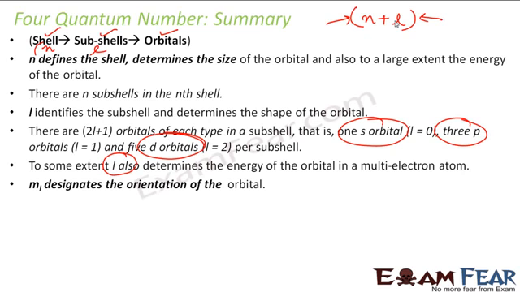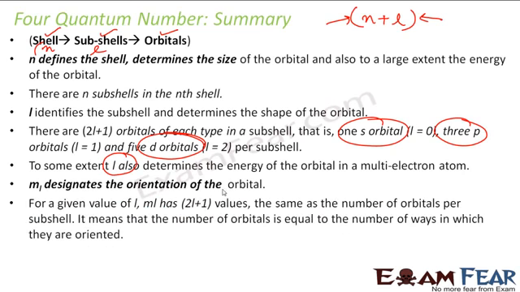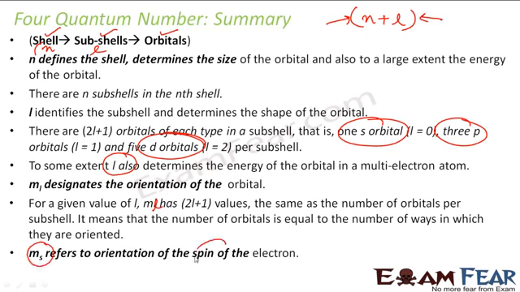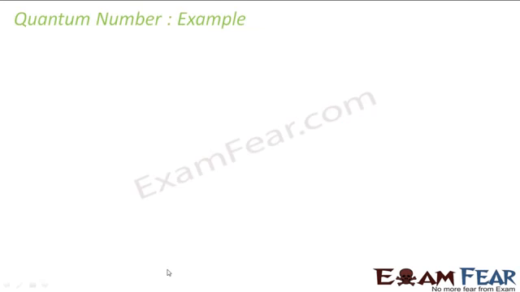And this magnetic quantum number designates the orientation of orbital. So for a given value of L, my ML has 2L plus 1 values, right? And MS refers to the orientation of spin of electron. This is what we have studied.